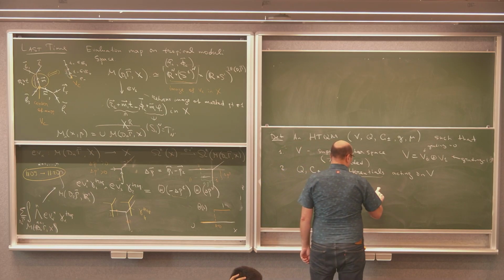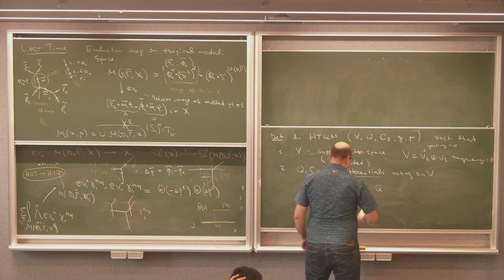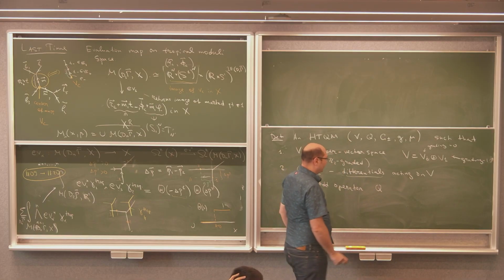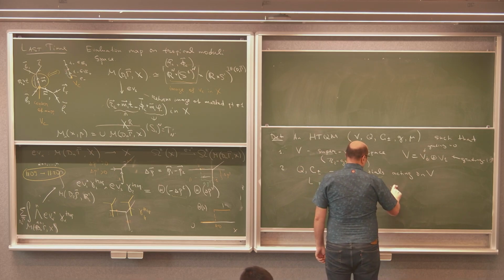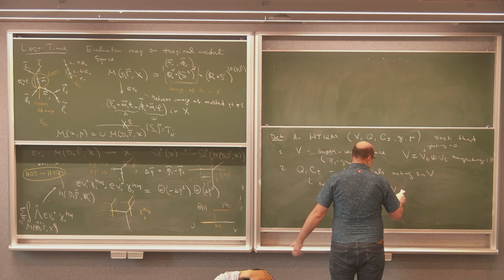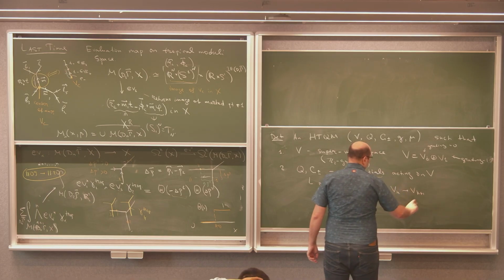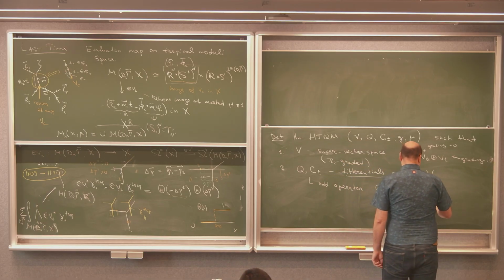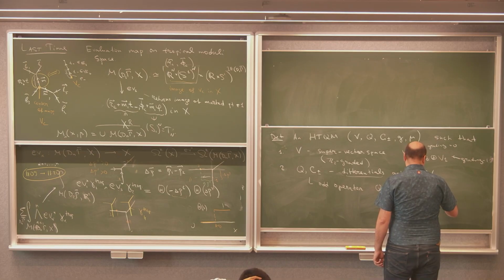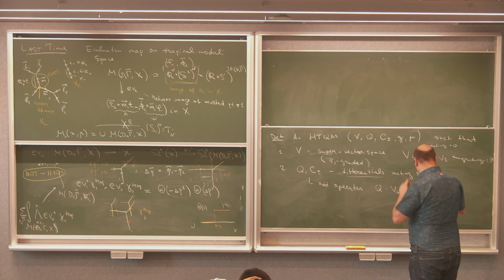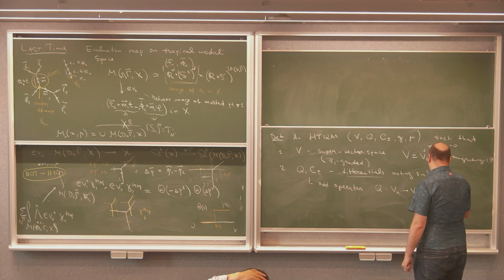So odd operator means that, let's say the operator Q, and the same holds for G plus minus, takes V_k and takes it to V_{k+1}. So here k runs from 0 to 1, and we take this plus 1 modulo 2.